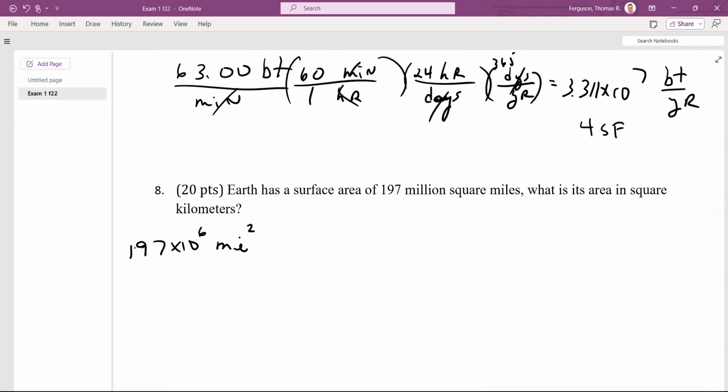Want to do it to 1.97 times 10 to the 8th. Then the proper scientific format. You can do it that way. I was just writing it the way it was written in the problem.